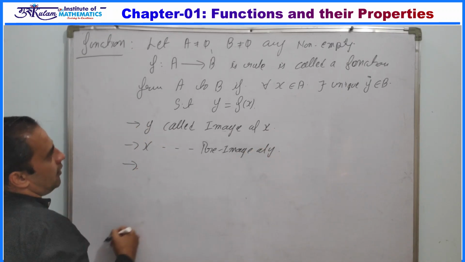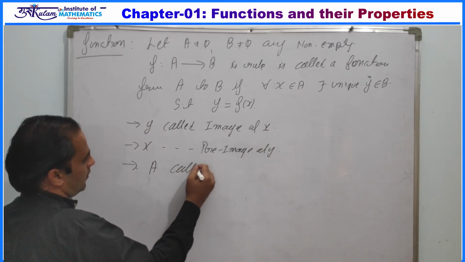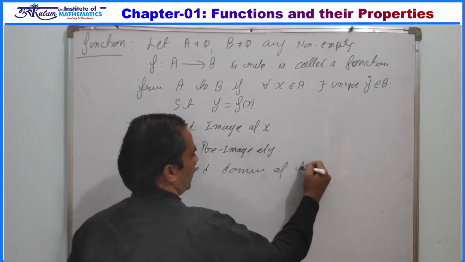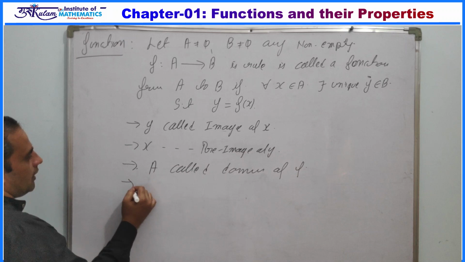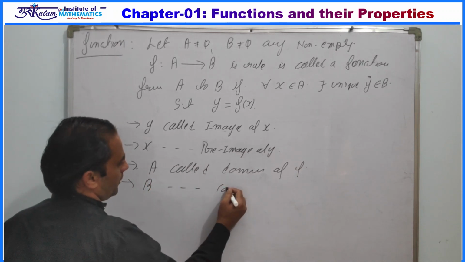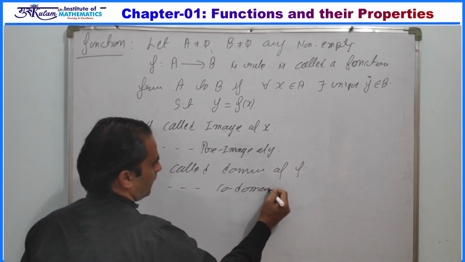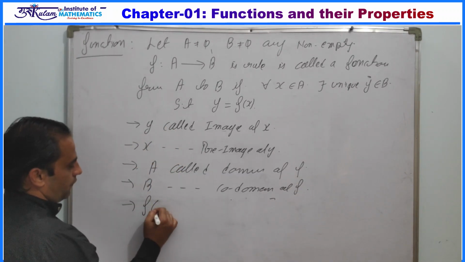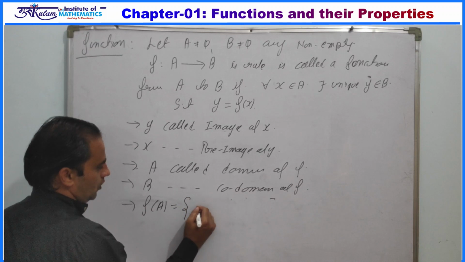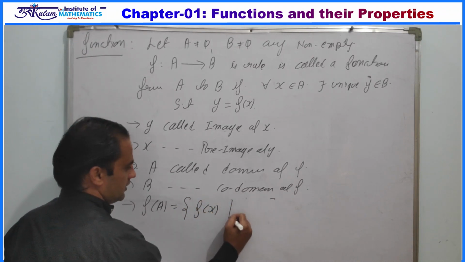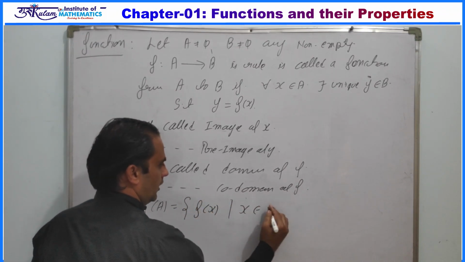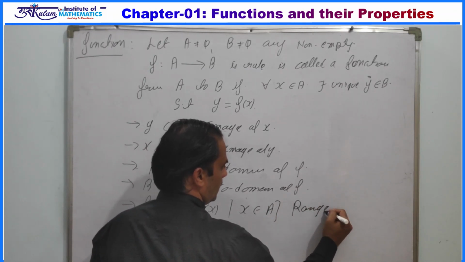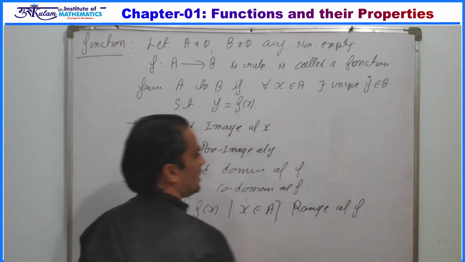A is called the domain of F, and B is called the codomain of F. The set F(A), which is the collection of all images f(x) such that x belongs to A, is called the range of F.